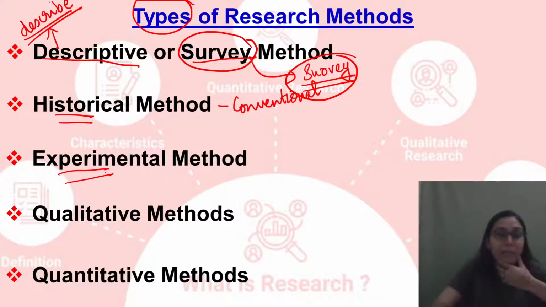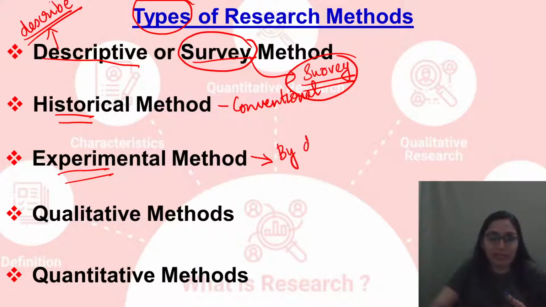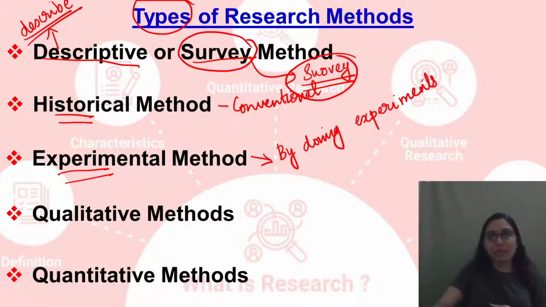Next is experimental method. Experimental method means based on experiments, by doing experiments. So research is carried out by doing experiments, mostly in case of science subjects, science related topics.